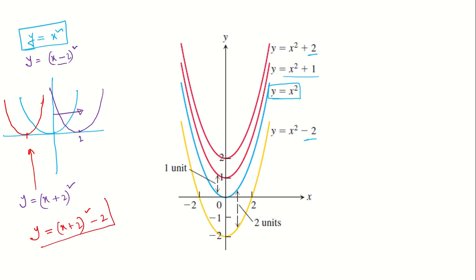Then what will happen here? Move to the left. That means if this one is negative 2, this one will be the vertex point. So the graph will be just like this.